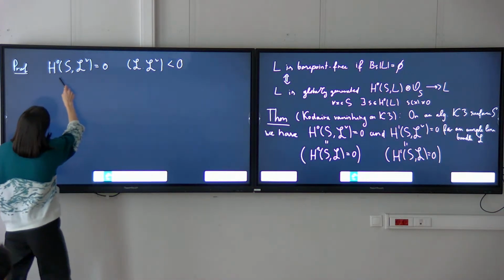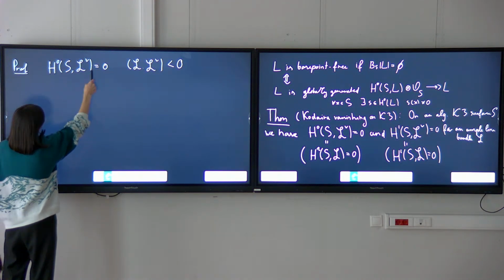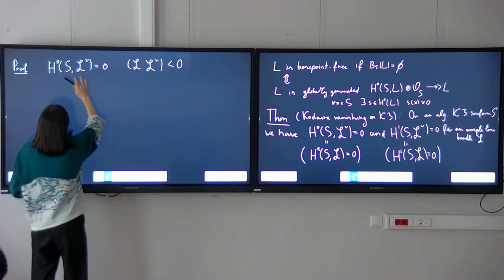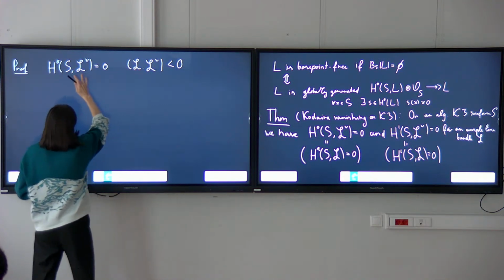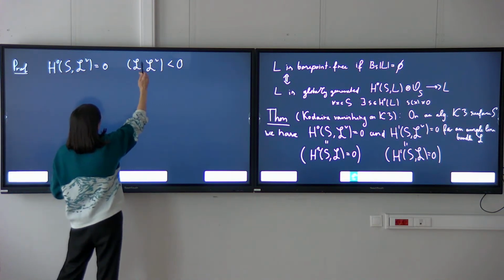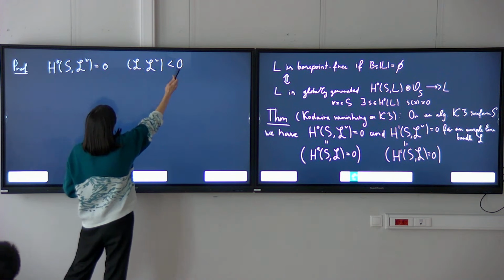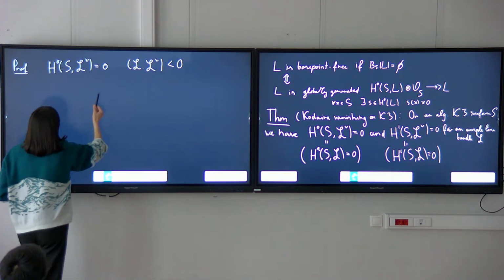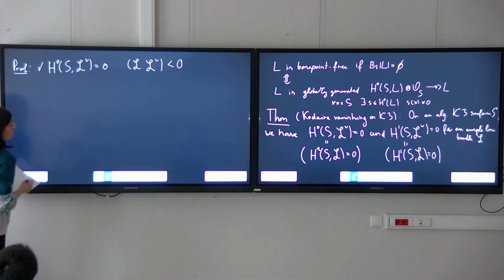If we have a global section, then it corresponds to an effective divisor, and L should be positive on an effective divisor because L is ample. So from this we obtain a contradiction. So this part is very easy.